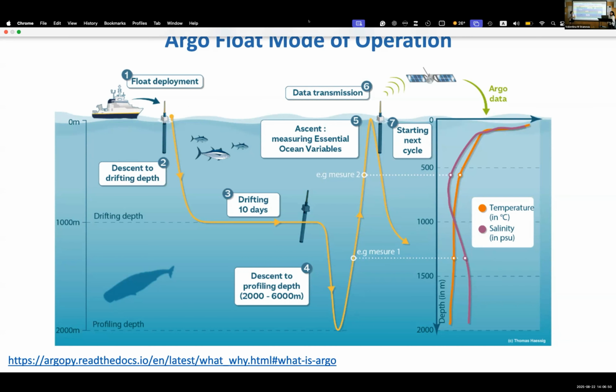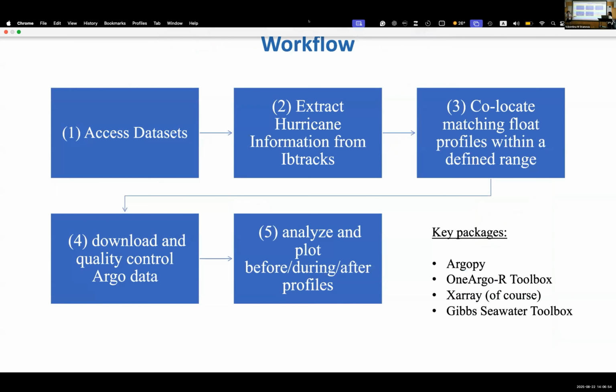I think that's all I have to say about how the floats work. Now on to our workflow. We developed this workflow to collect the hurricane data from the IBTrACS data, and then combine that with the Argo float data so that we could track floats while the hurricane was going.